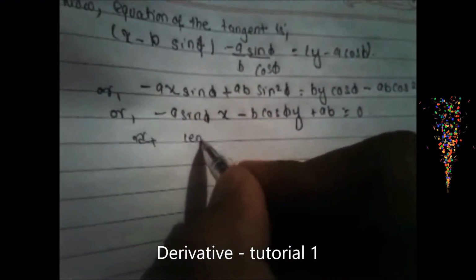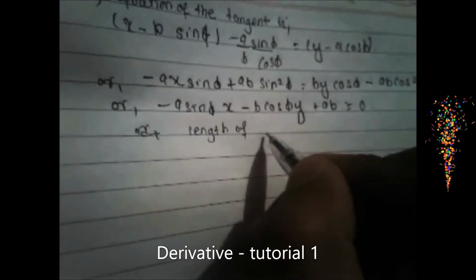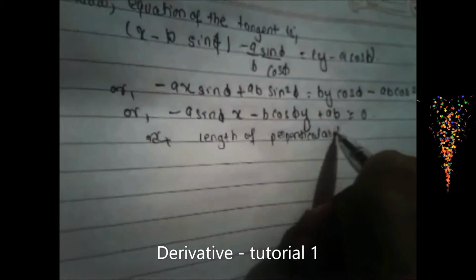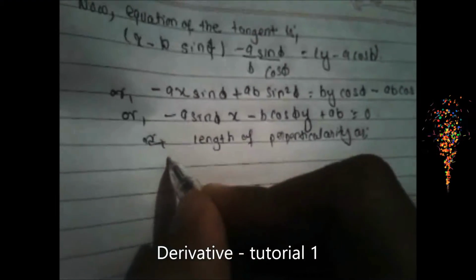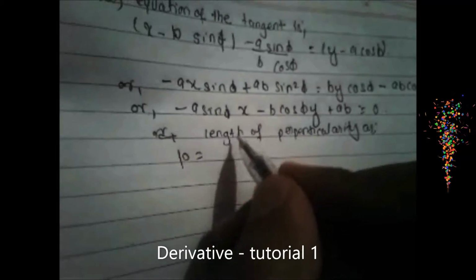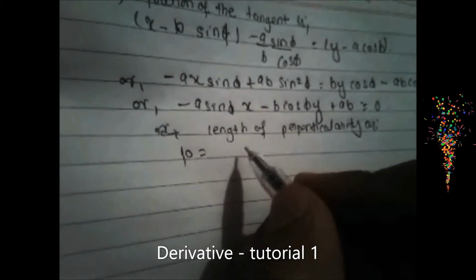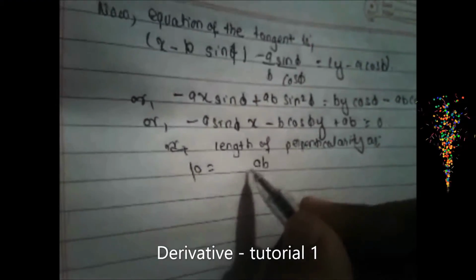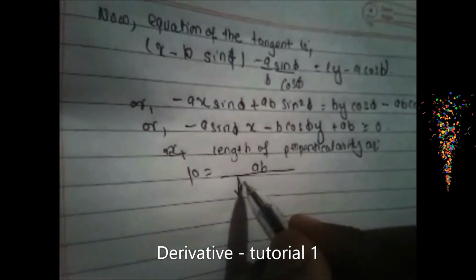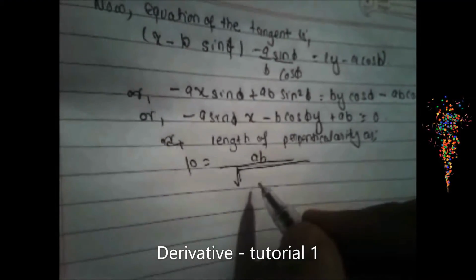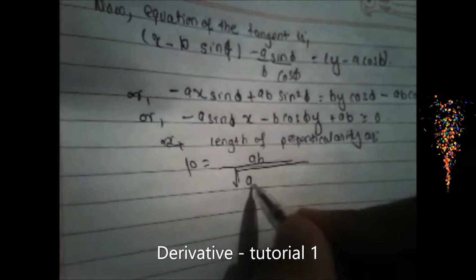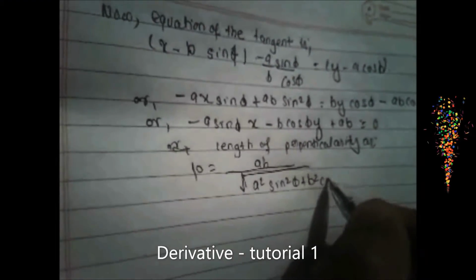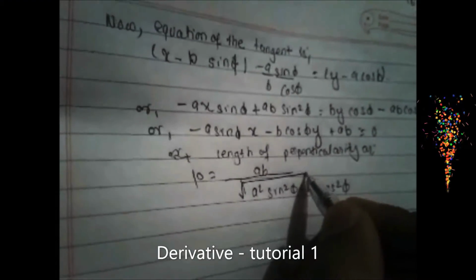So we find the length of the perpendicular p, putting the value of x and y as 0. We get ab by root over a square sin square phi plus b square cos square phi.